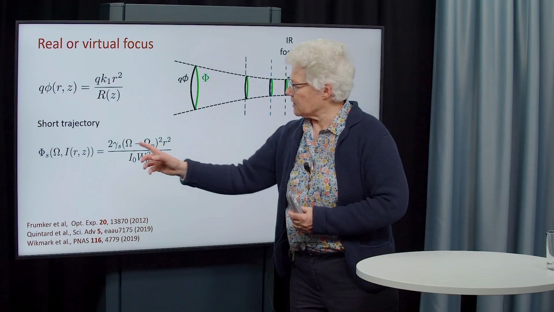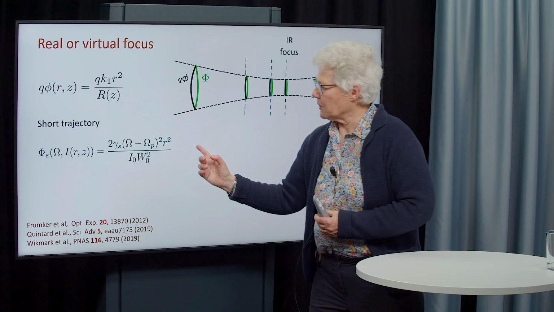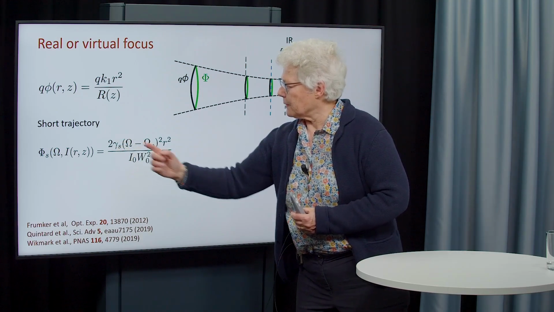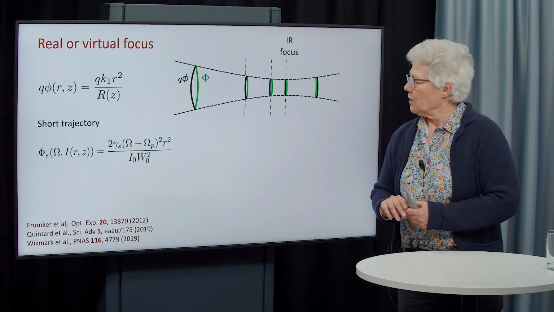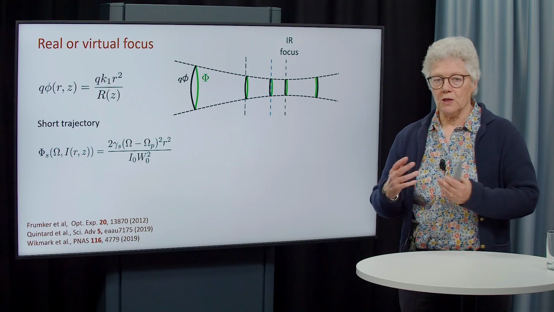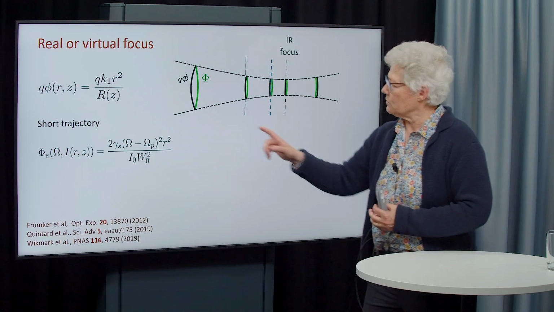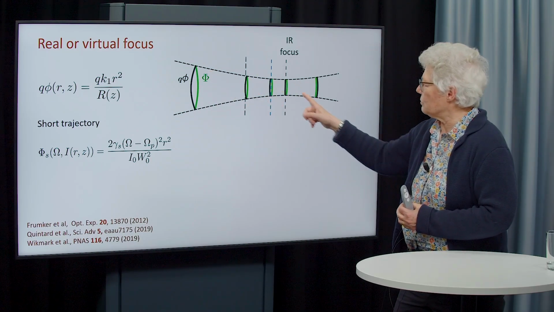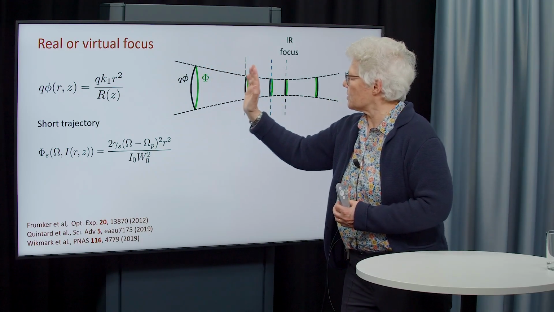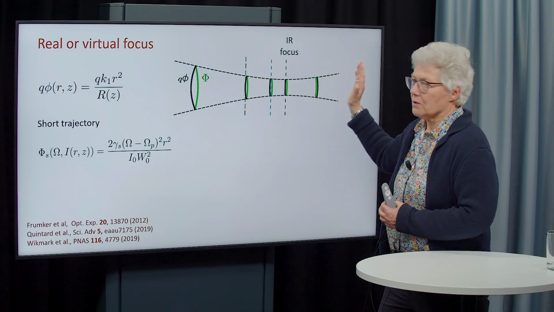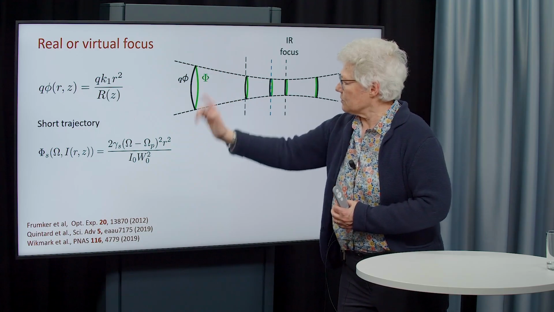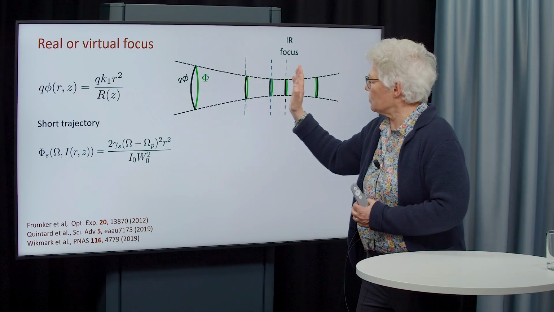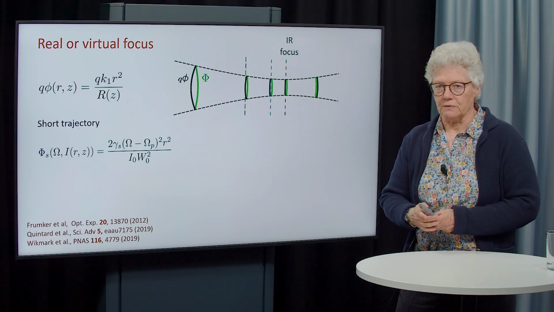We find a simple quadratic dependence with a gamma s, which is positive. So the dipole phase will lead to a wavefront, indicated in green, which always has the same radius of curvature, and which is positive.